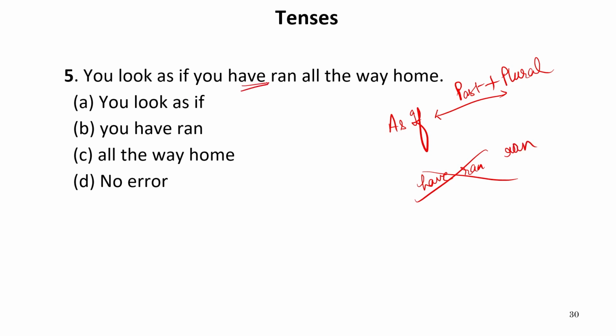Now one more thing, "have" is always followed by verb third form, which is "run". So here also this is a mistake. In these type of sentences, we have to just find out the part that contains error. In that case as well, B must be the answer. So our answer should be B.